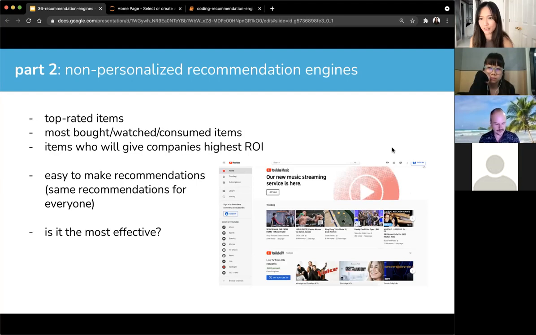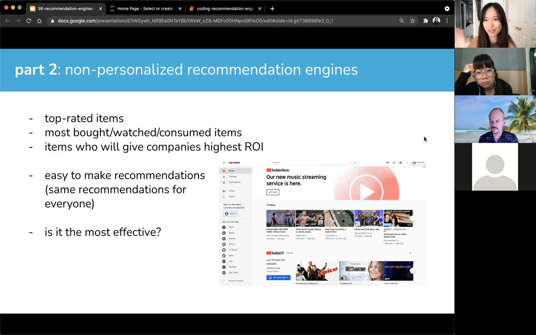One example is when you sign up for a new YouTube account, they just give you the trending videos. That's an example of non-personalized recommendations. No machine learning, barely any data science going on behind the scenes. So is it the most effective? It's not personalized, but again, based on how much data you already have, it might be effective.